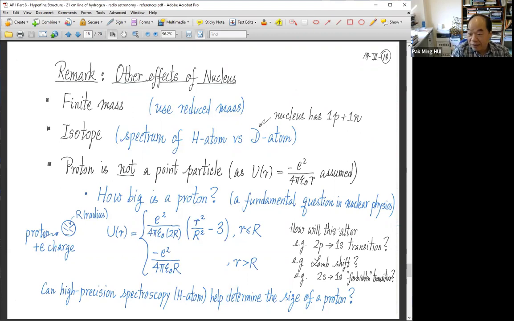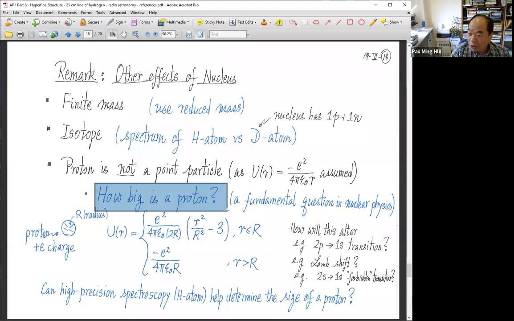So we can use deuterium again to do very precise spectroscopy. And a very interesting question, and I think up to now it is still debated, is how big is the proton?